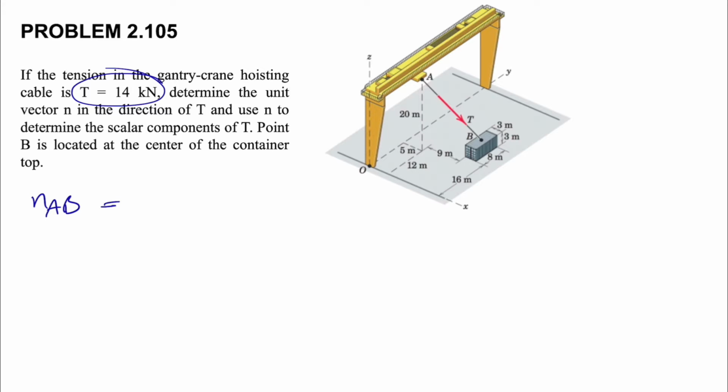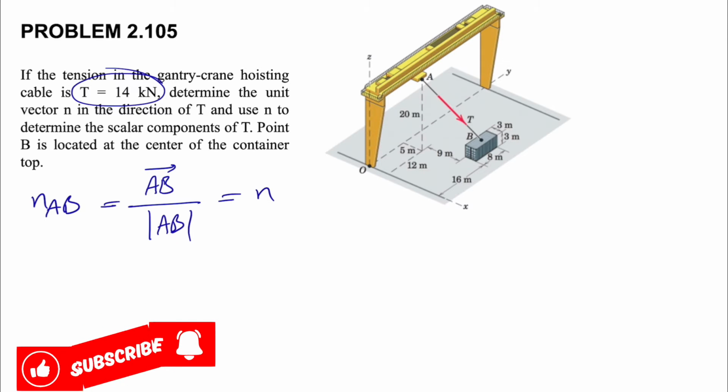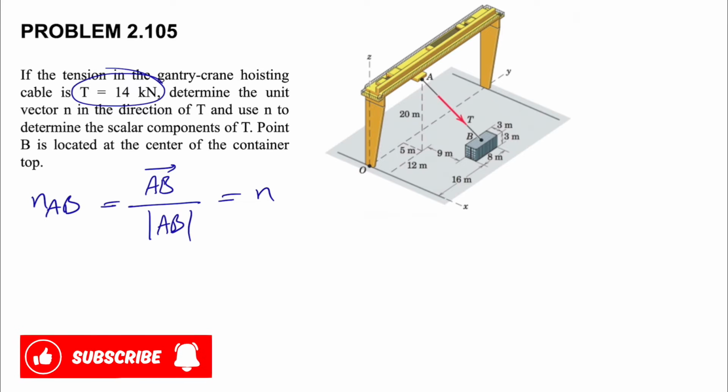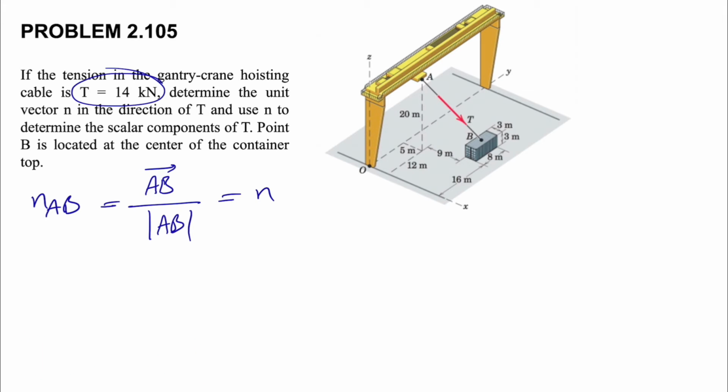So what we need to find in here is the unit vector NAB, which will be in the direction of the tension in the cable. And for that, all we need to do is to find the vector AB. And if we divide that by the magnitude of the vector AB, we can find the unit vector NAB or N in the question.